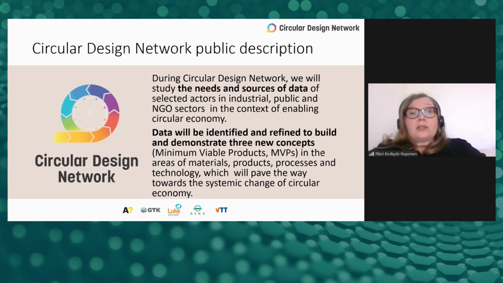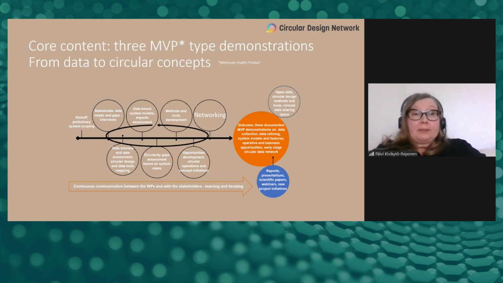At this moment, we are building 3 demonstrations, so 3 minimum viable products, to show and concretize both the experimental ways to design in circular design, and digital tools to support circular design.